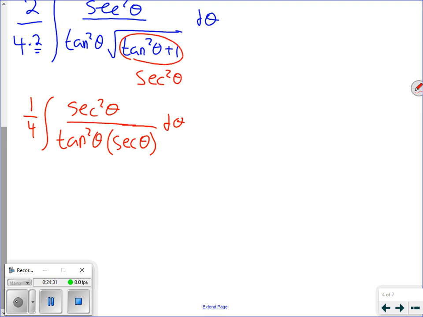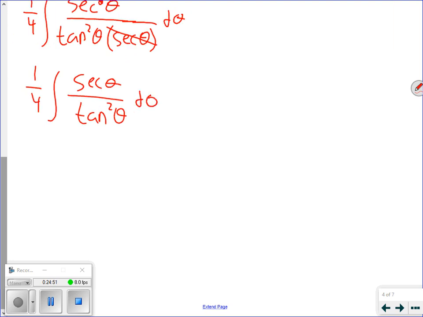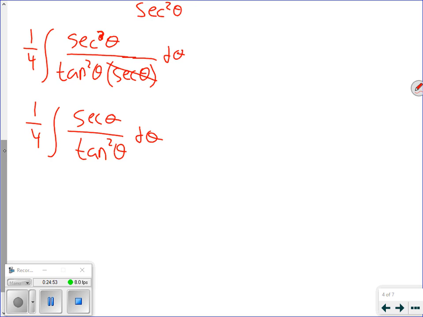Okay, now we need to simplify this, and then we need to integrate it. So just like before, we can cross out a secant and one of the secants. So I'm left with 1/4 integral of secant theta over tan squared theta. Okay, well, how do I simplify this down to where I can integrate it? Well, I got secant and tangent.